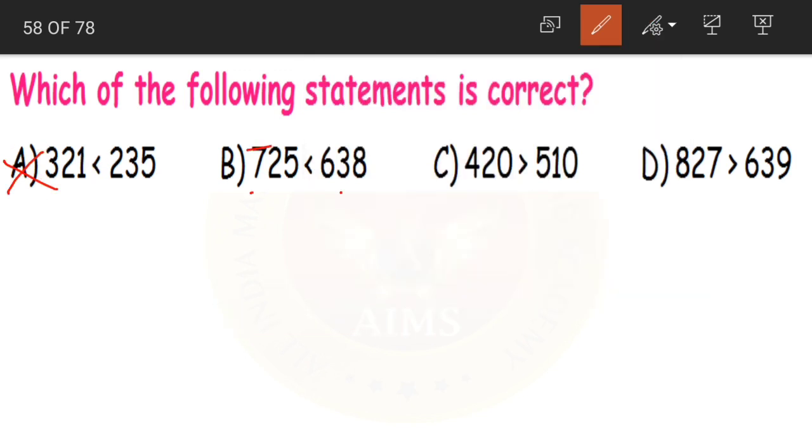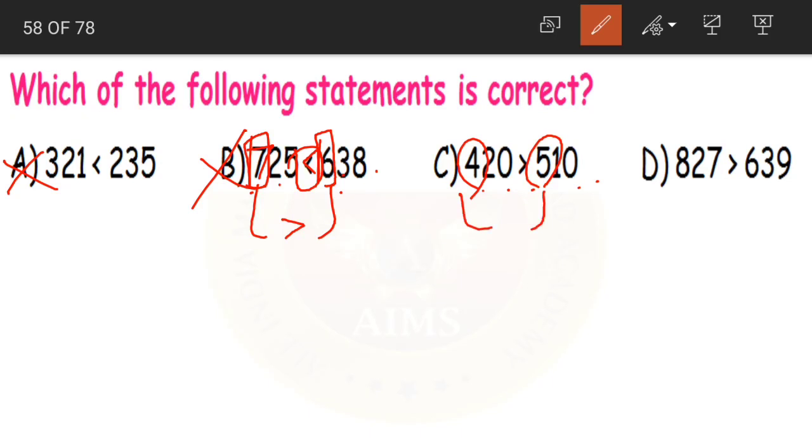Coming to option B, 725 less than 638. If we compare 7 and 6, children, again 7 is greater, but here we are having the less than symbol. Again this is also not correct. Now option C, 420 is greater than 510.